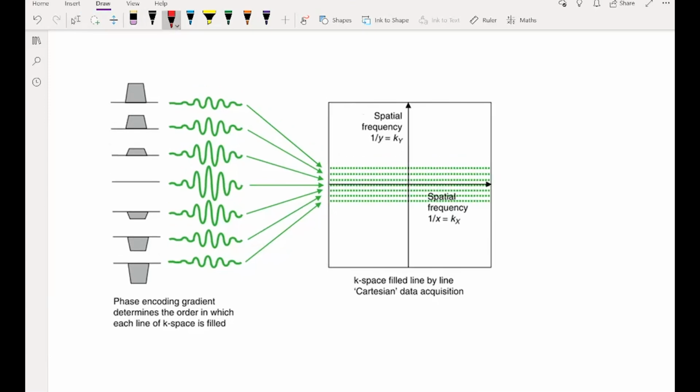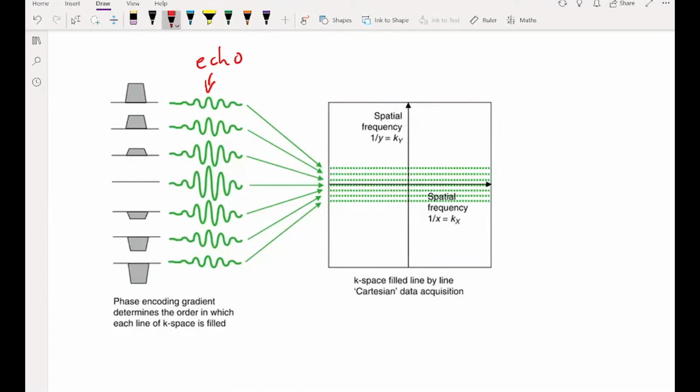Each of these little green lines is one echo. And the reason that we're varying our phase encoding rather than our frequency encoding information is that it's much easier to encode different amounts of phase to spins in the y direction than it is to vary our frequency in the x direction.